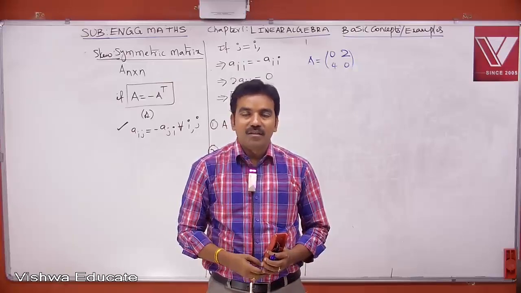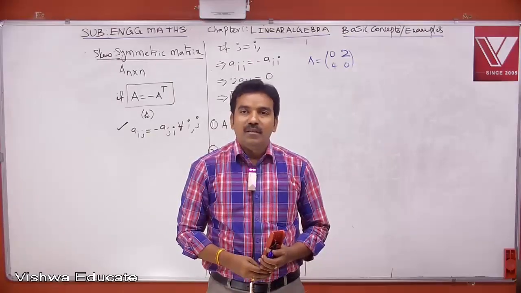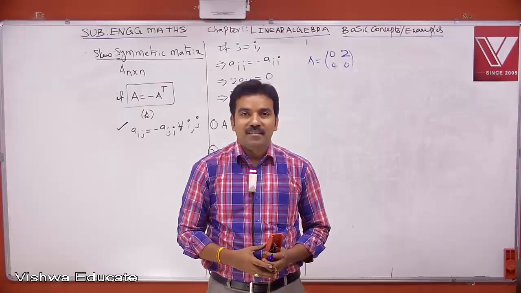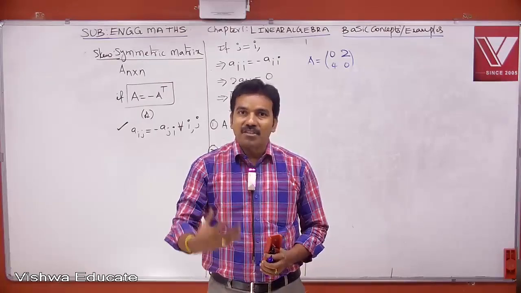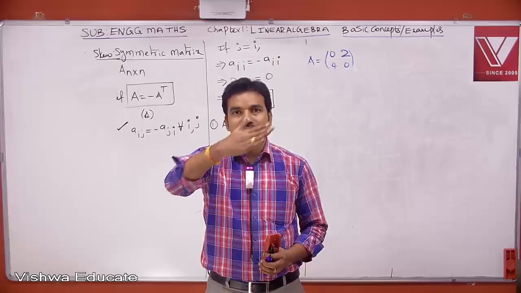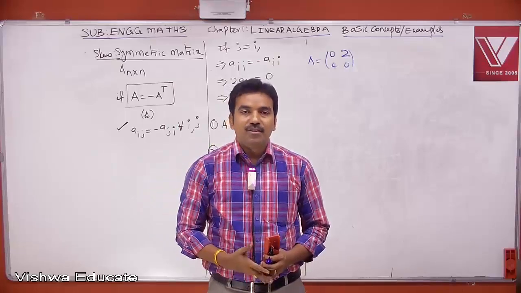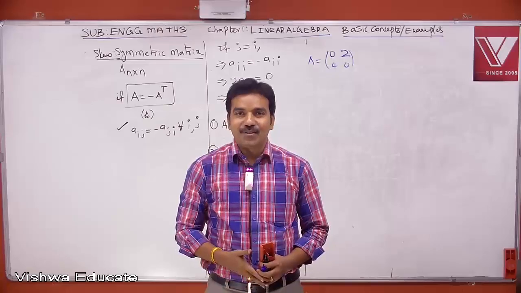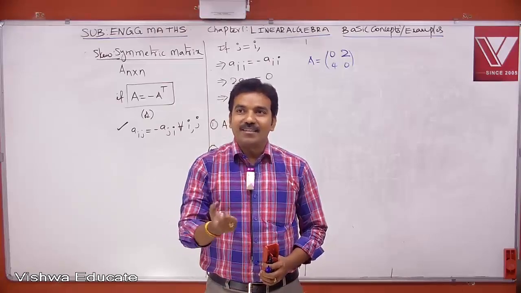In the examination, from a GATE point of view, they may give you questions like: which of the following is skew symmetric? Suppose they increase the dimensions in different options, then just observe the diagonal elements. Suppose in every option all diagonal elements are 0, then you consider Aij.